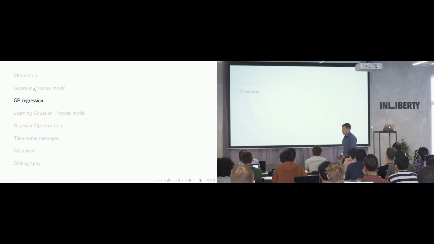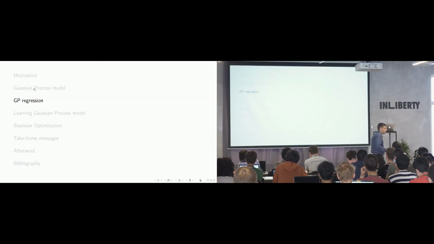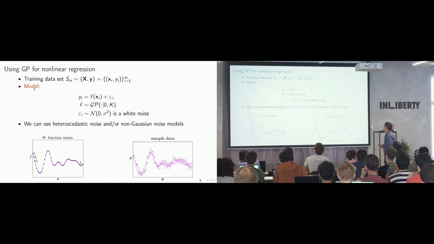Okay, so this was a short introduction into how we can model prior assumptions on properties of processes and functions. And now let us discuss how we can use these to model GP regression. So first of all, we assume that we have a sample of m points. xi is an input vector, a multidimensional input vector, and yi is some output label, right?